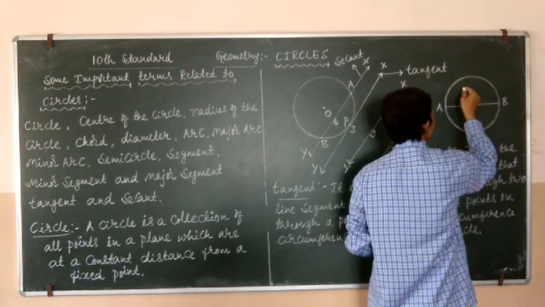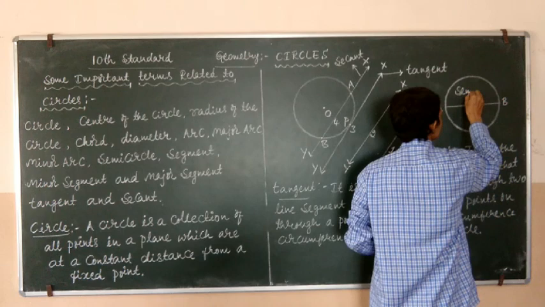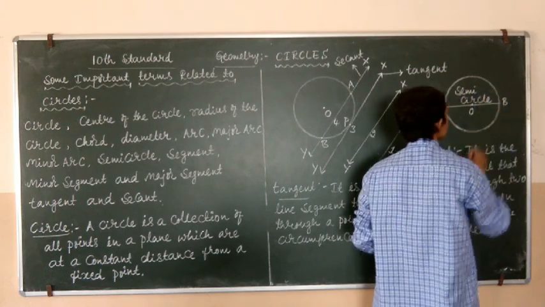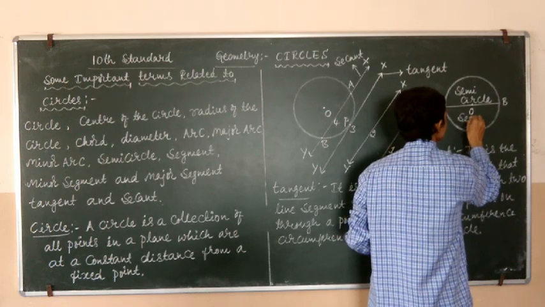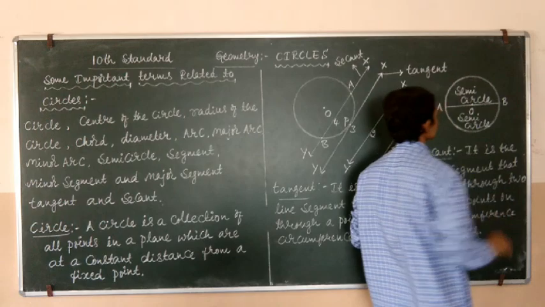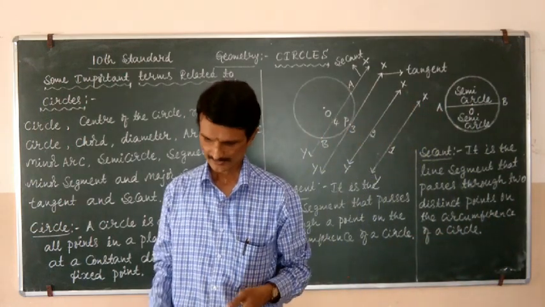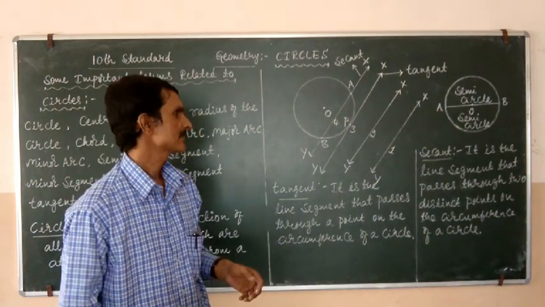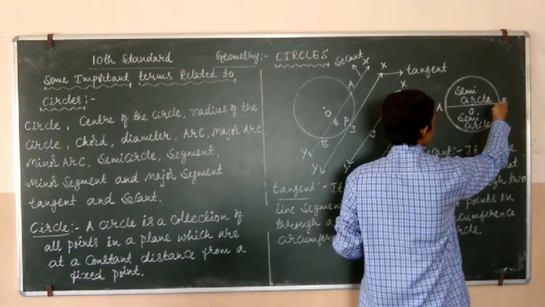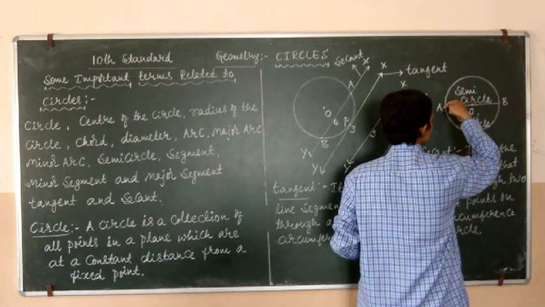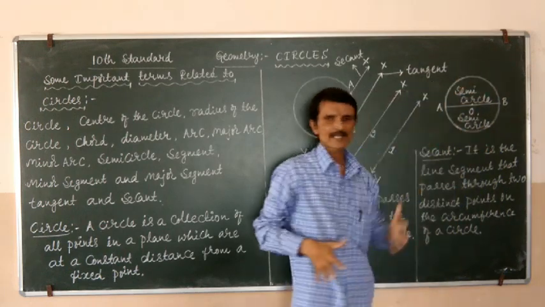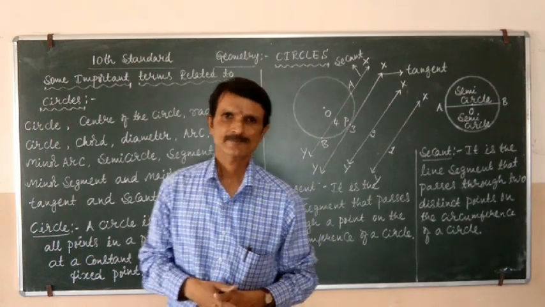So each part is called as semicircle. Semicircle. So I think you have understood the concept of semicircle. So the diameter of the circle divides the circle into two equal parts. So each part is called as semicircle.